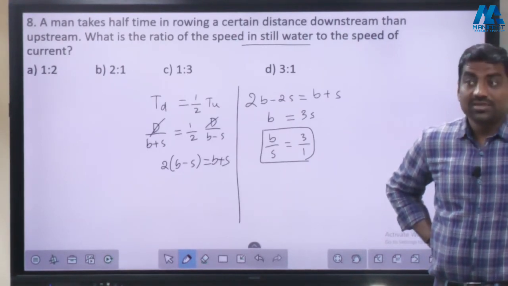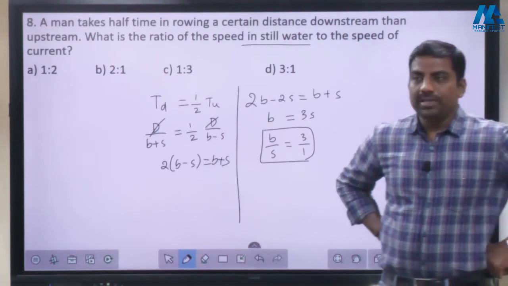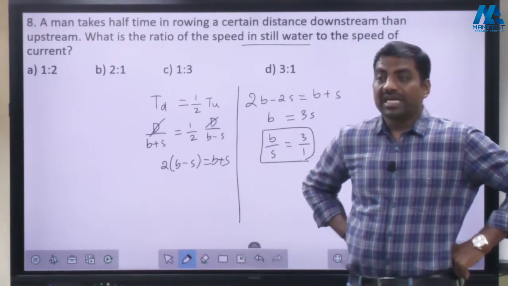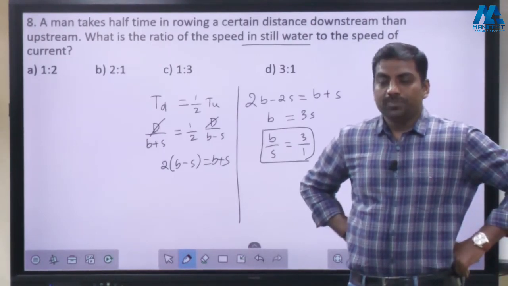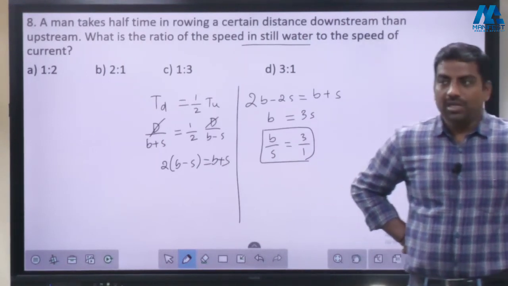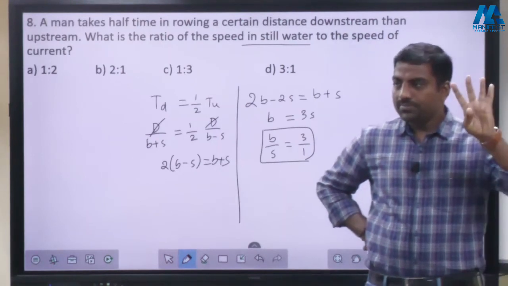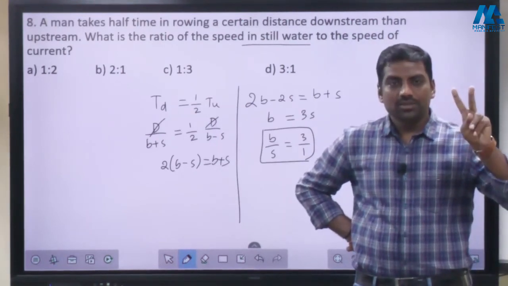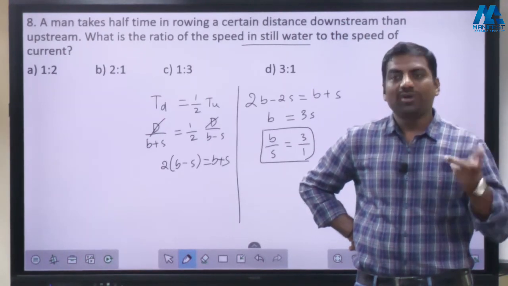Fine? This is a fact. When the time taken upstream is double that of the time taken downstream, the ratio of the speed of the boat to the speed of the stream is 3:1. Because 3 plus 1 is 4, and 3 minus 1 is 2. 4 by 2 is 2, so the time taken will be twice.